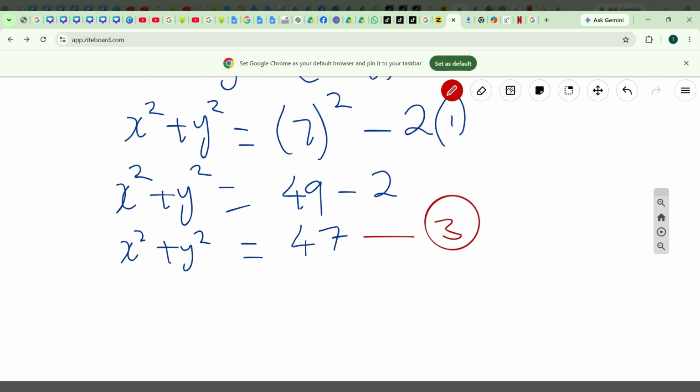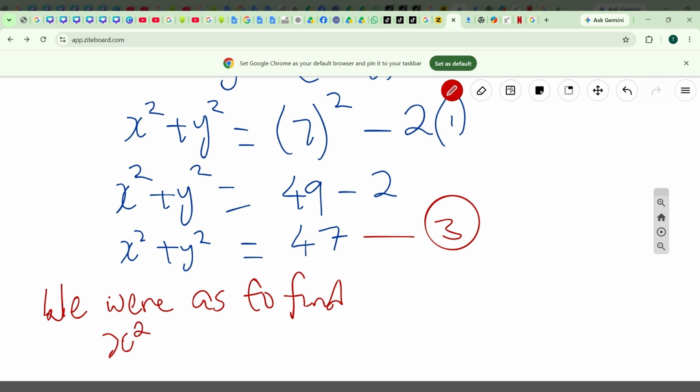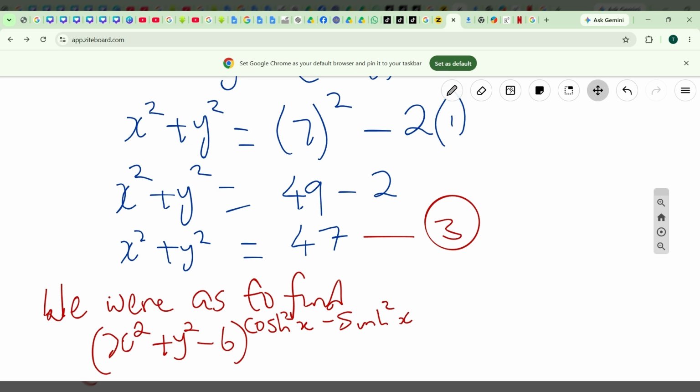Recall what we're asked to find: x squared plus y squared minus 6 to the power of cos square x minus sine square x.